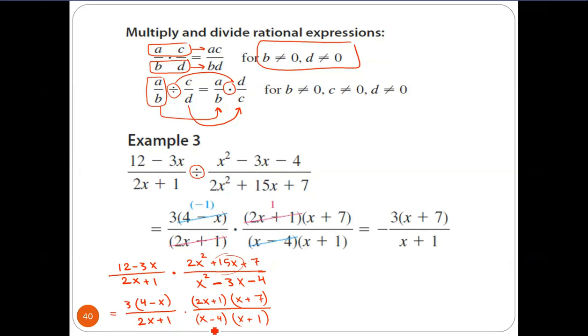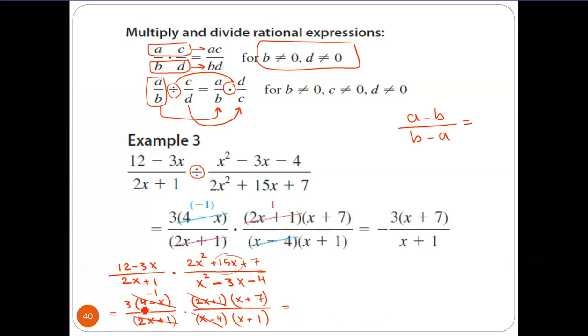Now we have 2x plus 1, we can remove it with 2x plus 1. And we have 4 minus x with x minus 4. If we divide a minus b by b minus a, what's the value? What's the value after negative 1? Good. So remove 4 minus x and x minus 4 and replace with negative 1.